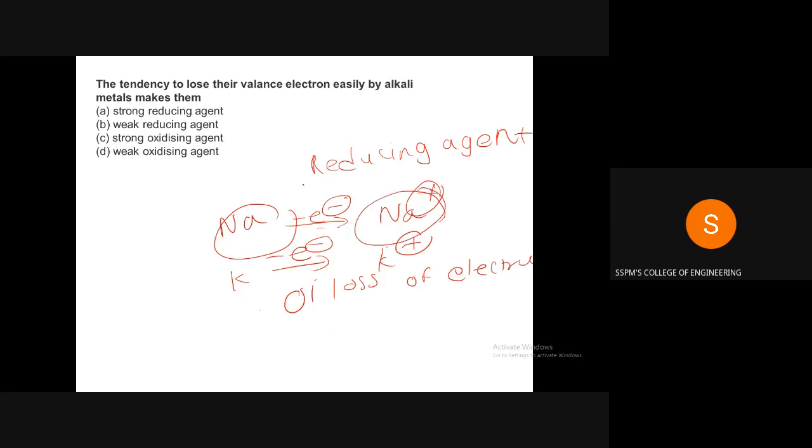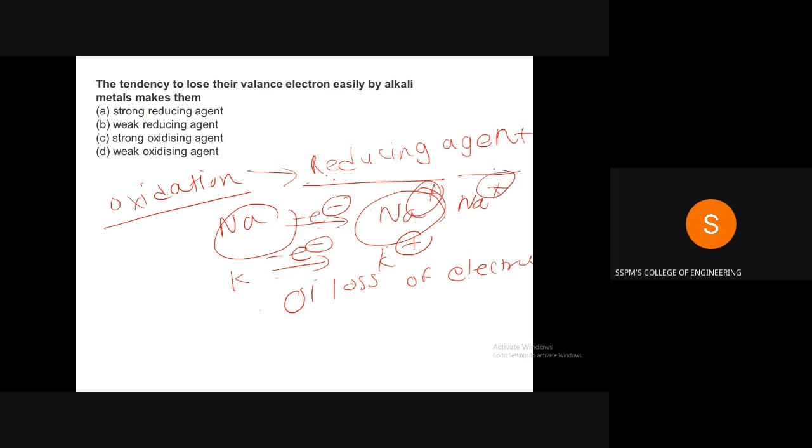It acts as a reducing agent, but the process is oxidation. Oxidation means loss of electron, and gain of electron is reduction. Here oxidation is the process, but the agent is a reducing agent because they act as electron deficient species.